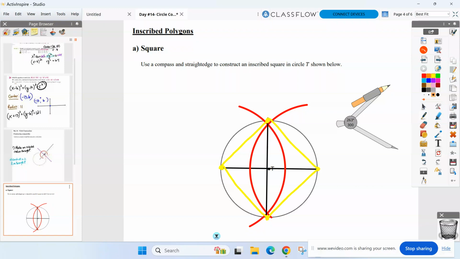They're all 90. There is your inscribed square, everybody.